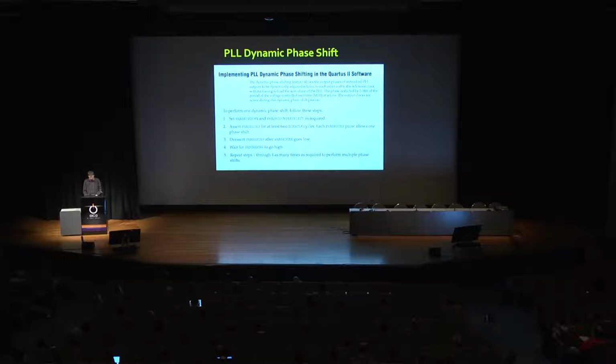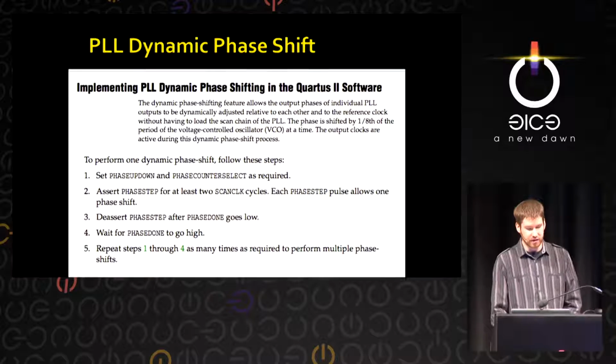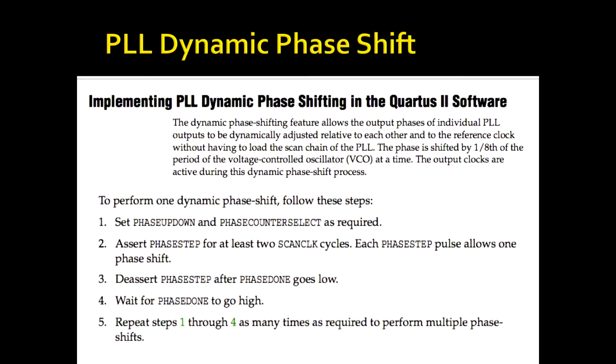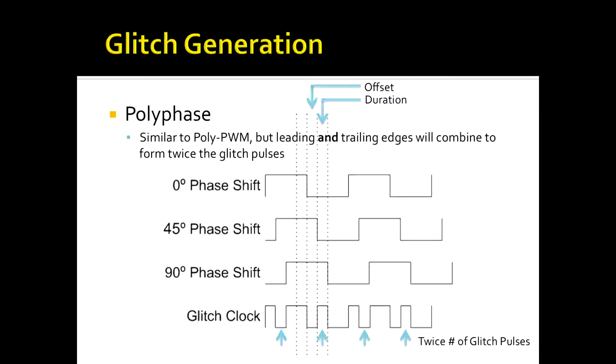So a quick aside, I'm using Altera FPGAs, so you don't have to worry about reading all this big paragraph. This was just an excerpt out of Altera's manual, and Xilinx will be similar. If the FPGA has a hardware PLL, these are the steps for how to instruct the PLL to create phase shifts from its different PLL outputs, which is basically how I took those different phase shifted outputs and created these waveforms.